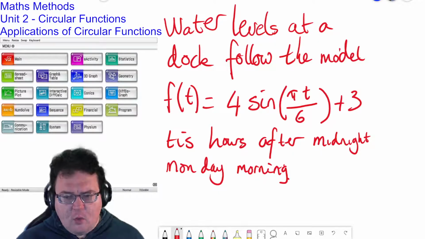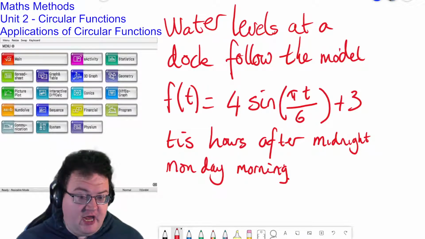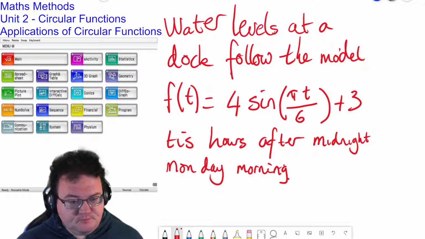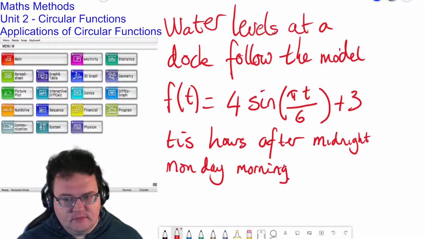So, what's strange about my equation behind me, aside from the dodgy handwriting? What haven't you normally seen inside a circular function until now?